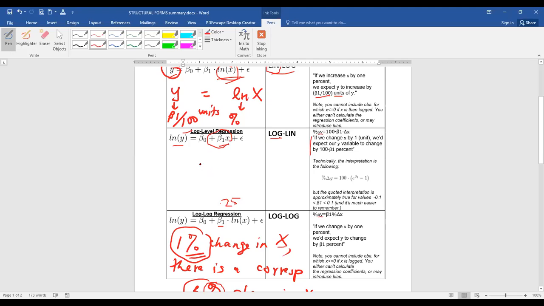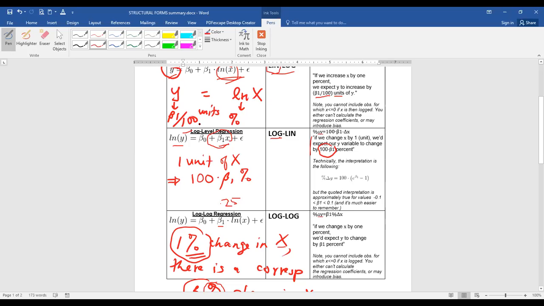For every 1 unit, kung ano man yung unit ni X, for every 1 unit of X, there's a corresponding, i-multiply nyo si beta 1 ng 100, then attach percent. Percent change in Y.